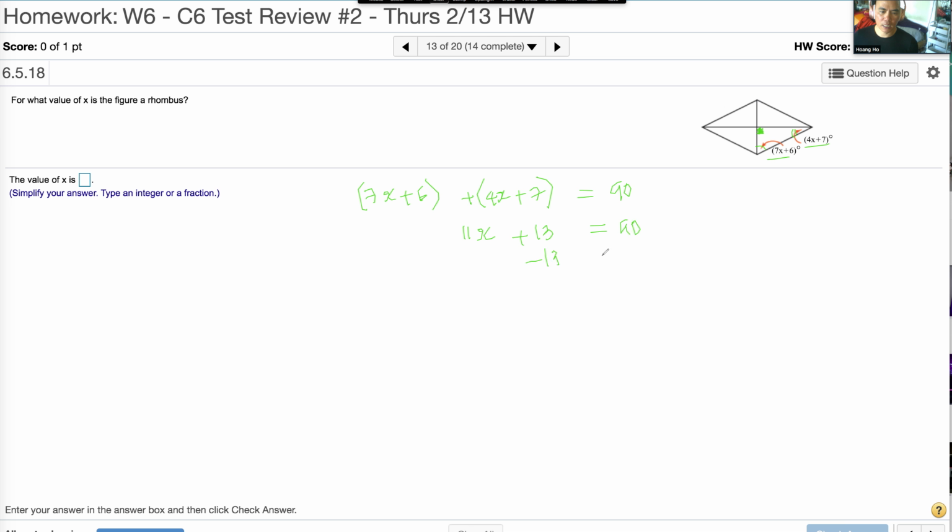Subtract 13 on both sides. I get 11x equals 77. I divide by 11 on both sides. I come out with x equals 7. Alright, so the answer is x equals 7.